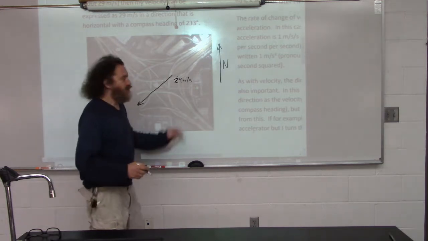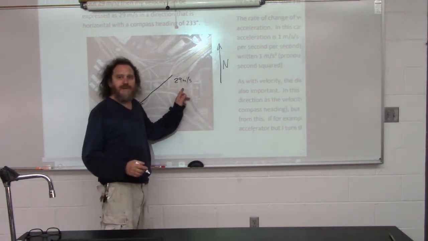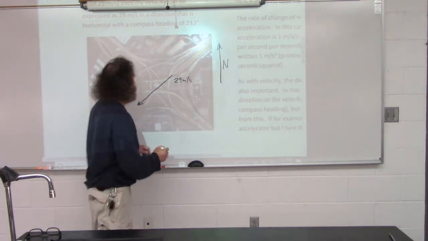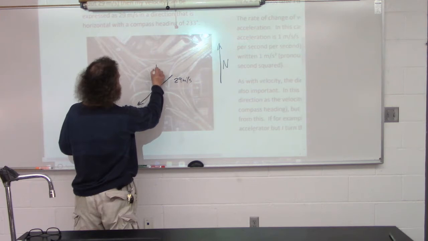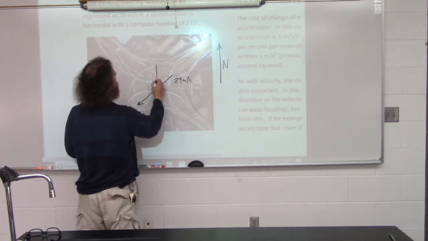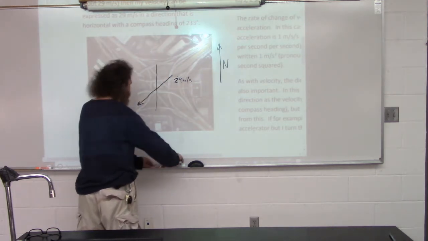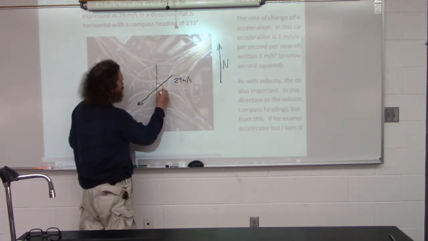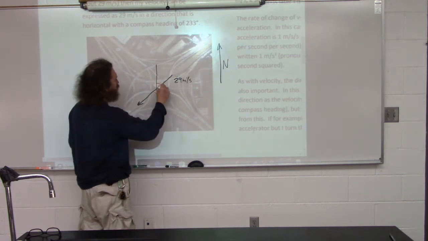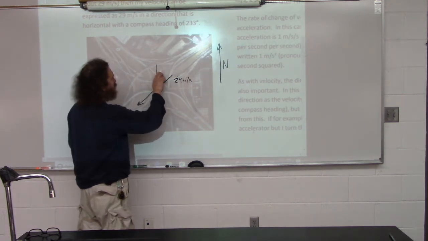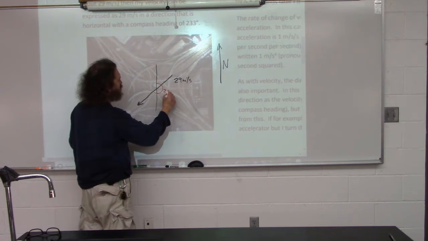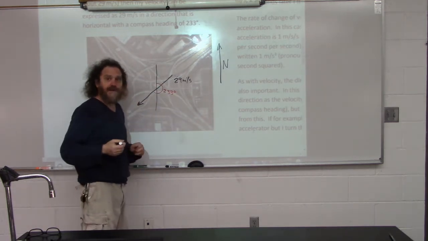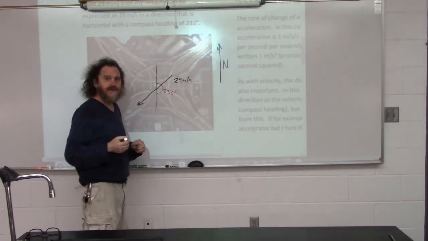So that's your speed, but your velocity can only be expressed if you also have information about the direction that you're going. So here in the middle of Spaghetti Junction, that way is north, and you can describe your direction as an angle from north. So I've gone clockwise around from north, and this angle, which happens to be 233 degrees, gives you an idea of the direction that you're traveling on the surface of the Earth, right?